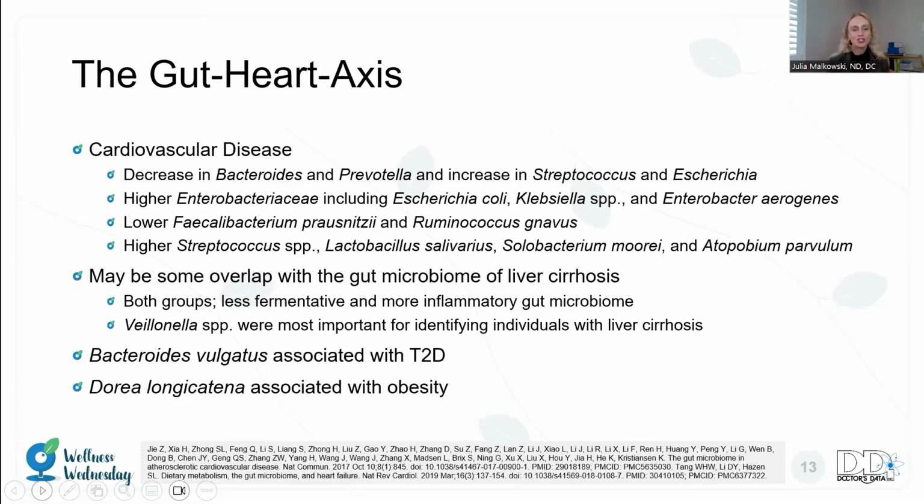Additional considerations are higher Enterobacter, which I think with the Escherichia and the Klebsiella and the Enterococcus, we are thinking more inflammatory bacteria. And then lower in that very anti-inflammatory Faecalibacterium prausnitzii, and that very healthy Ruminococcus gnavus, which is intricately associated with the mucosal barrier integrity and intestinal permeability.